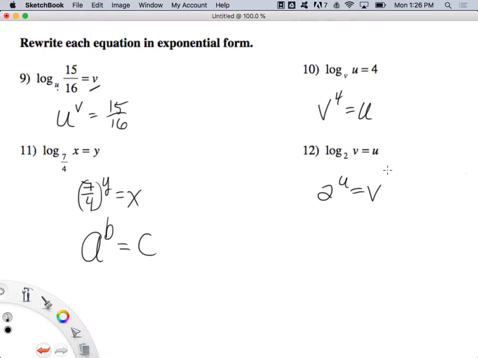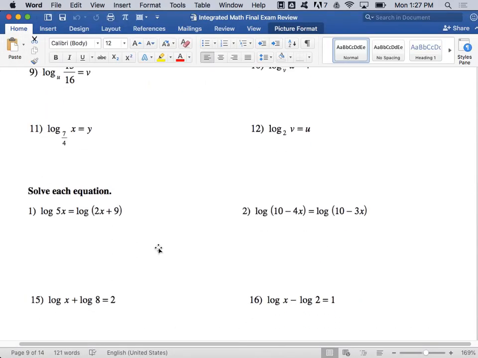Now, these next two sections are like the meat and potatoes of it all, right? You've got to get this now. Let's take a look.